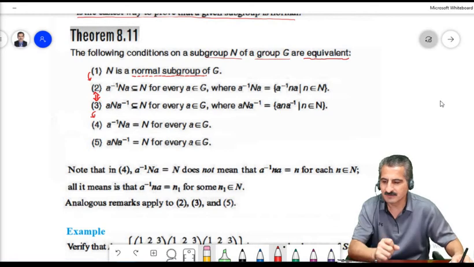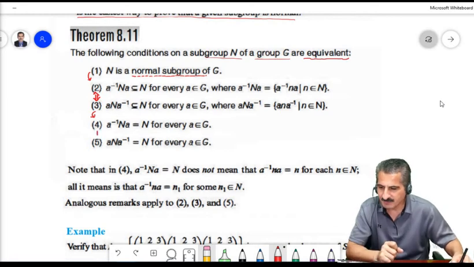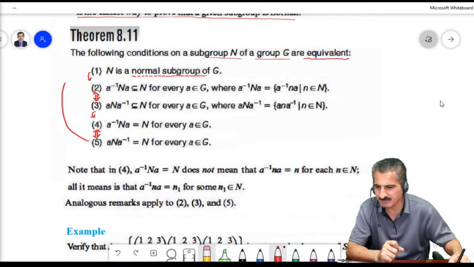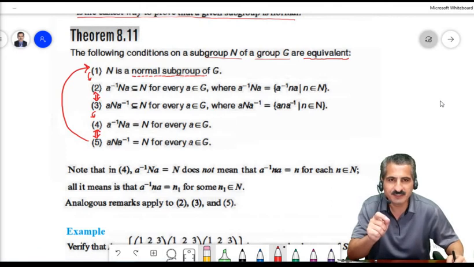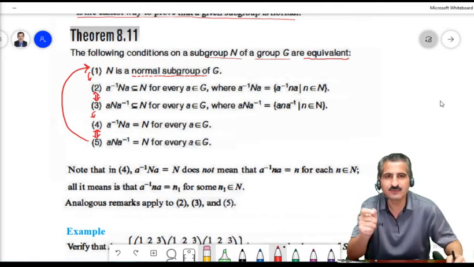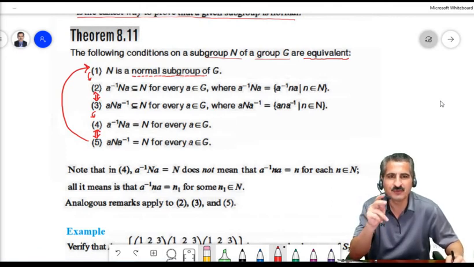Same thing, we will prove that 4 and 5 are equivalent. Why is that? Because once we come back to prove 1 is correct, starting from 5, we will need 4 to come with it. So we will need 4 and 5 to prove 1 is correct.